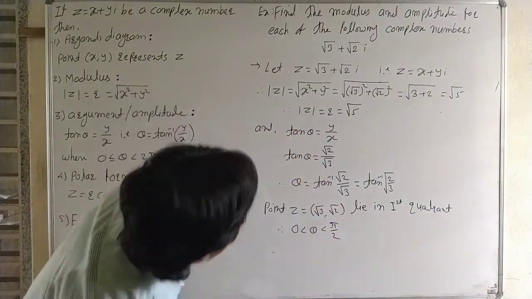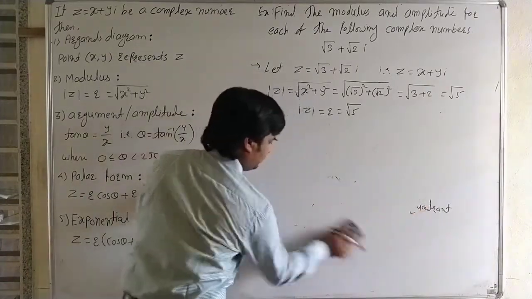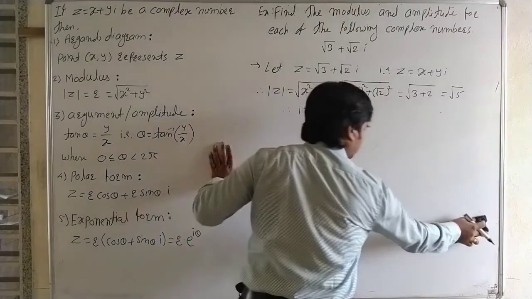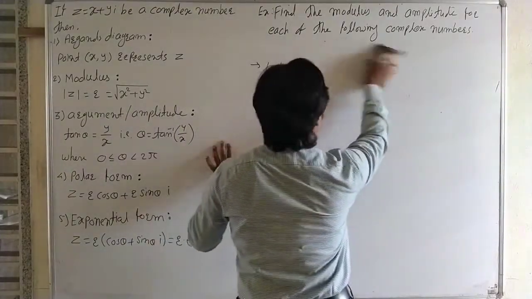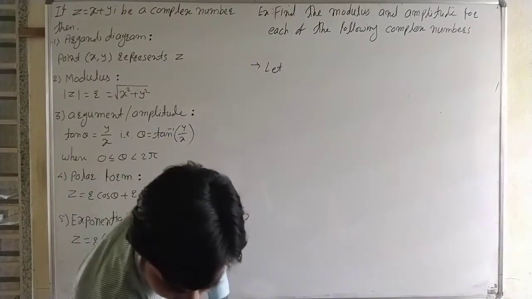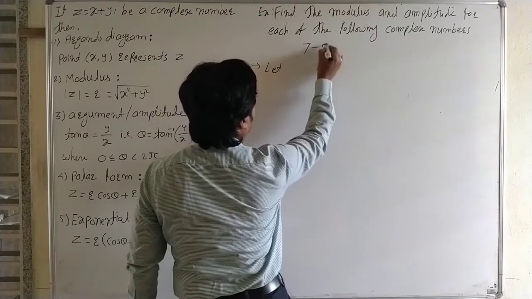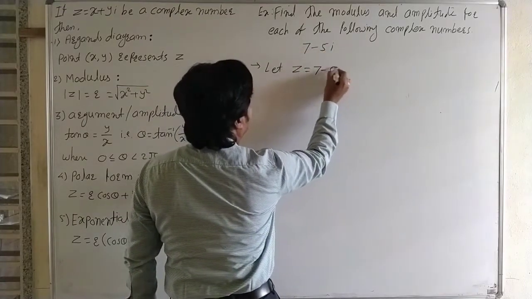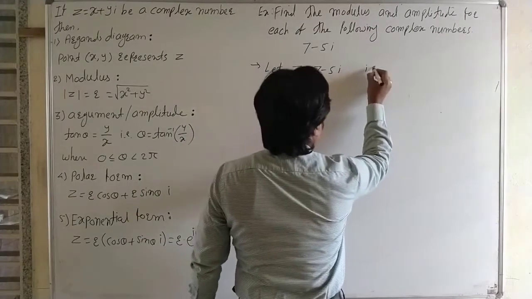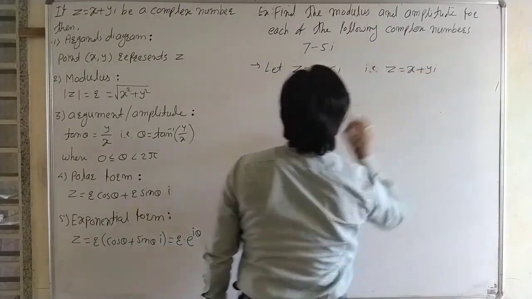Okay, now next. Seven minus 5i. Next complex number, it is 7 minus 5i. Let z is equal to 7 minus 5i. That is the complex number z in a standard form, it is x plus yi.